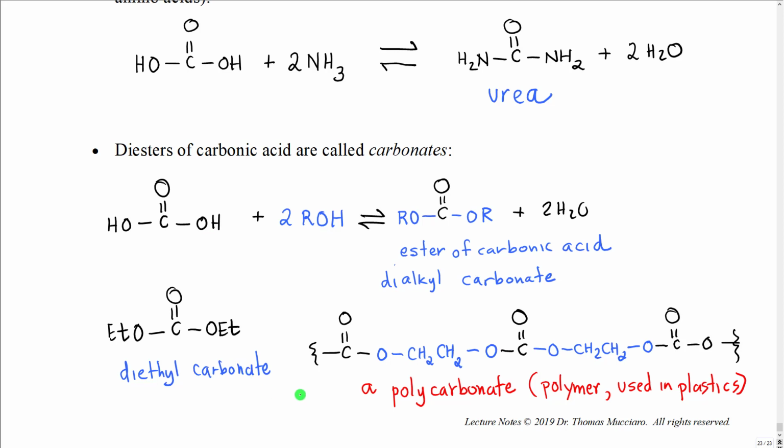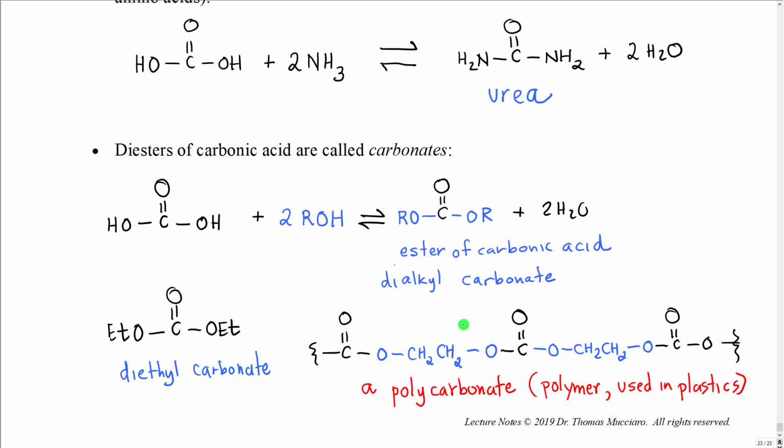Carbonates are actually very important molecules in industry. Diethyl carbonate itself turns out to be a very useful molecule for adding carbons to other molecules, and it in fact appears both in synthesis situations and potentially in biological systems.